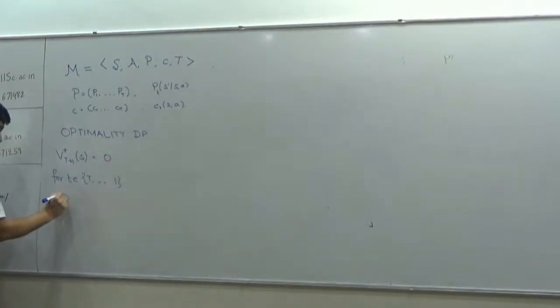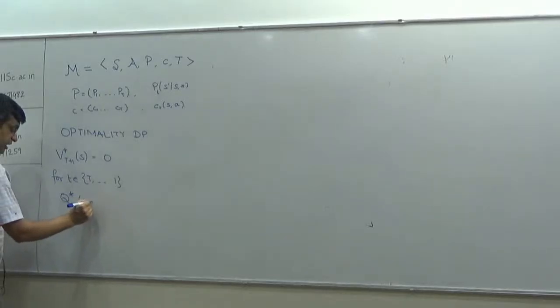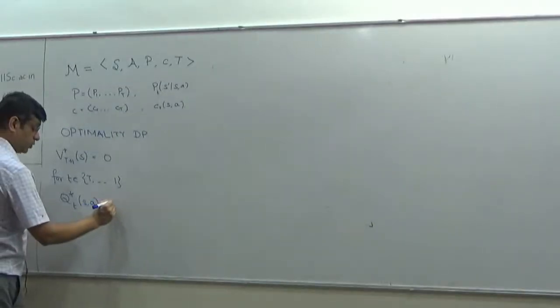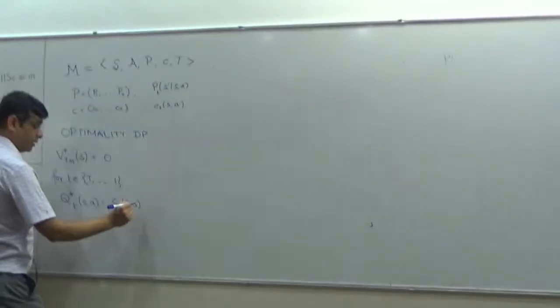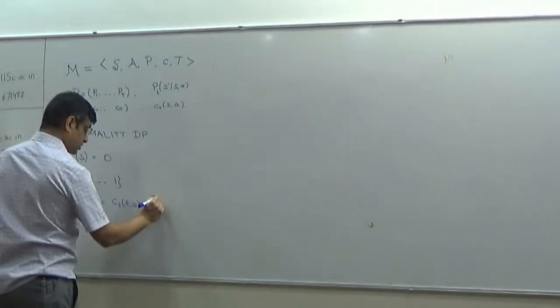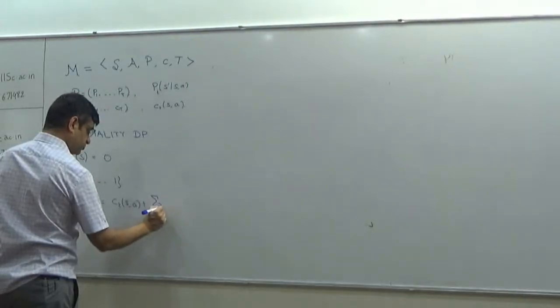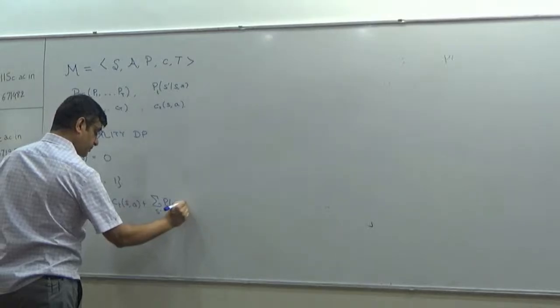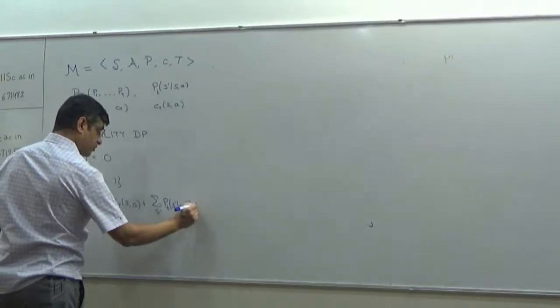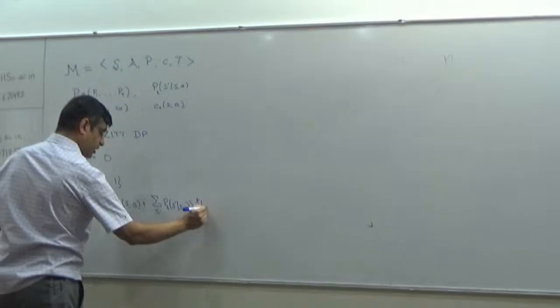We define q star t at S and A to be equal to C t of S A plus the summation over S prime of P t of S prime given S A times V star t of S prime.